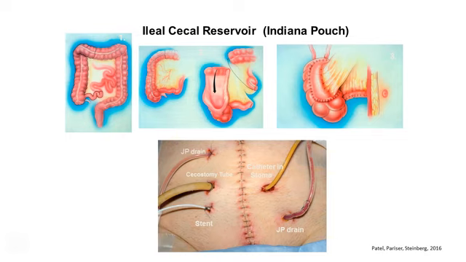Continence is provided through three mechanisms: the low-pressure reservoir, plication of the small intestine around the catheter, and the ileocecal valve. There is one stent per kidney.